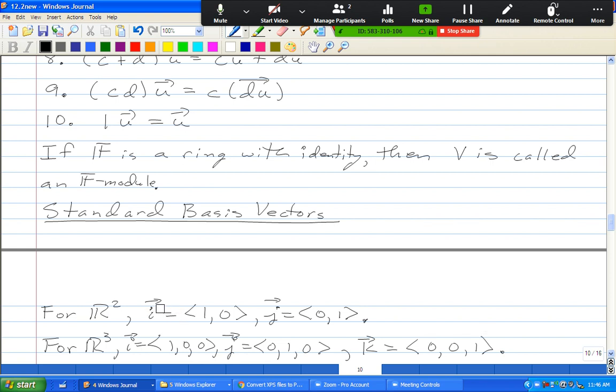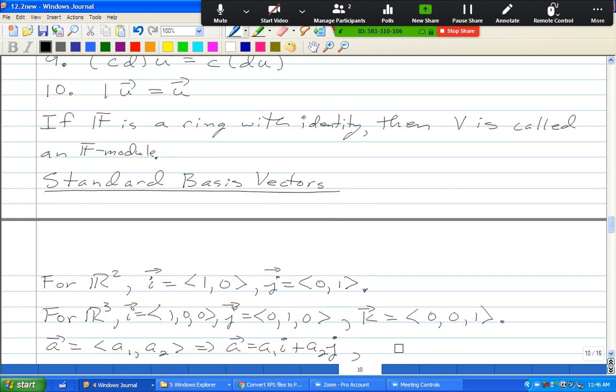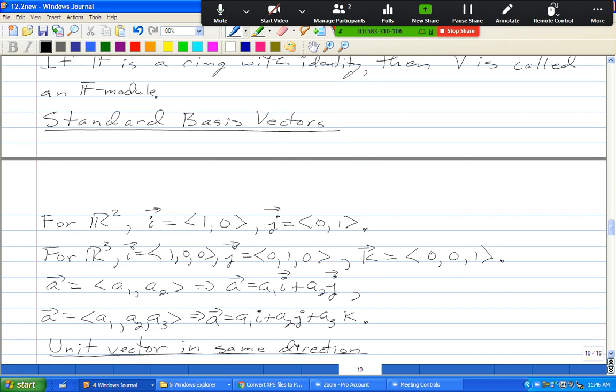So I is the unit vector in the direction of X. J is a unit vector in the direction of Y. And K here is a unit vector in the direction of Z. As I said before, you can write a vector A in terms of its components as A1I plus A2J, or if you have three components, A1I plus A2J plus A3K.